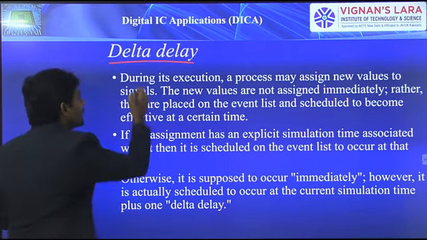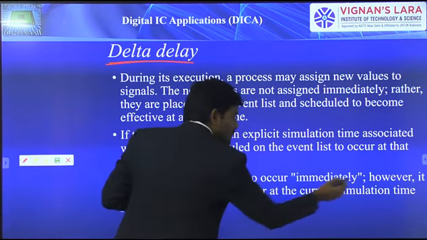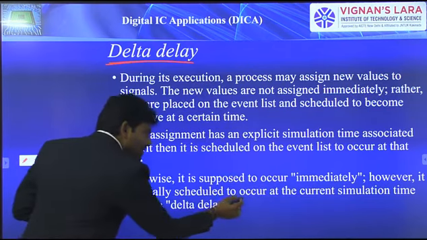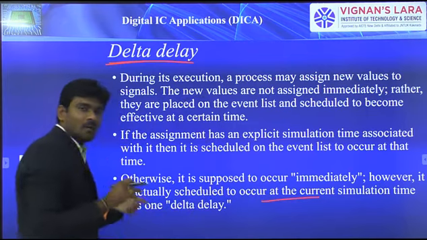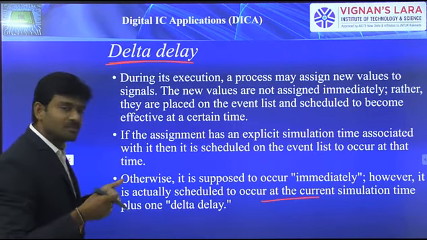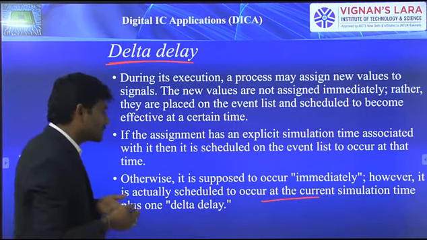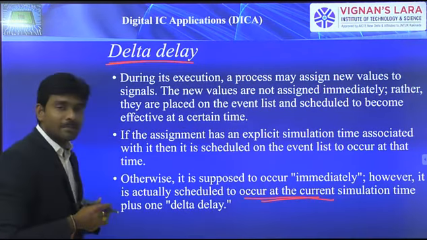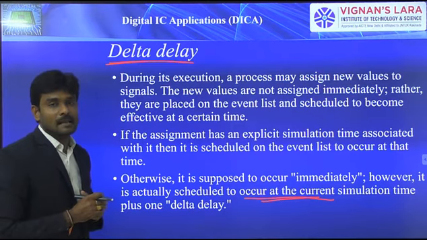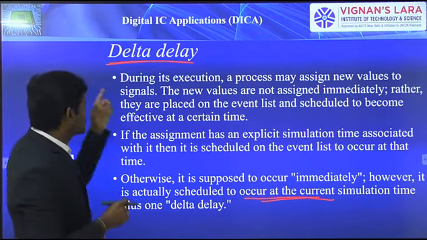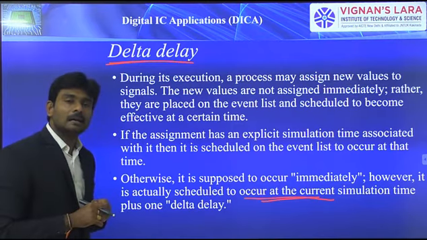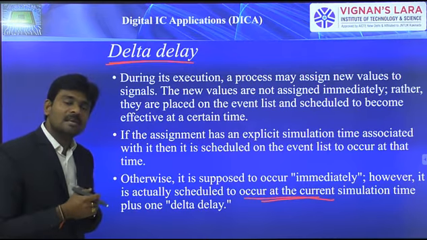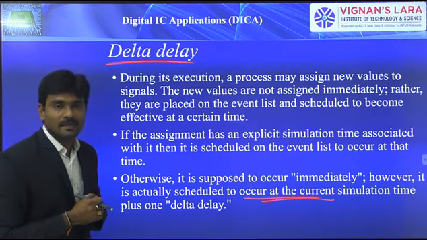It is scheduled to occur whenever the sensitivity list varies, and that happens at the current simulation time plus one delta delay. So after a delta delay, the next time the process is going to execute once again.